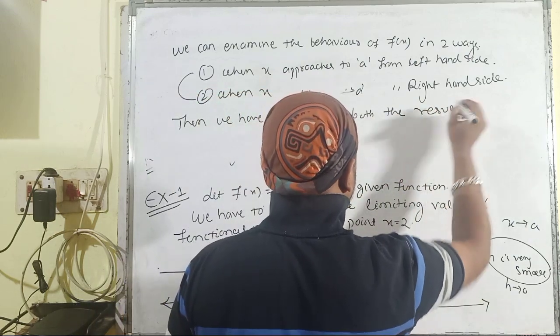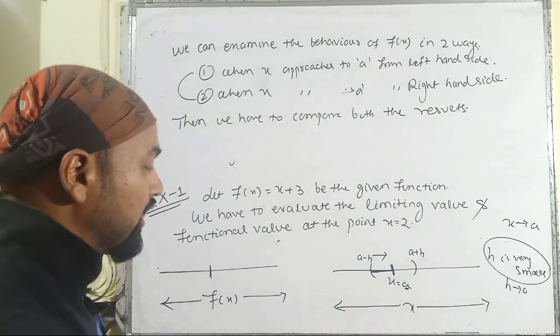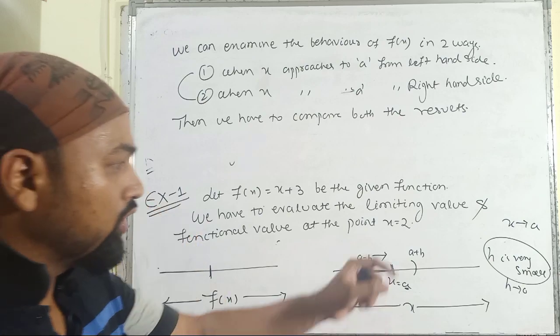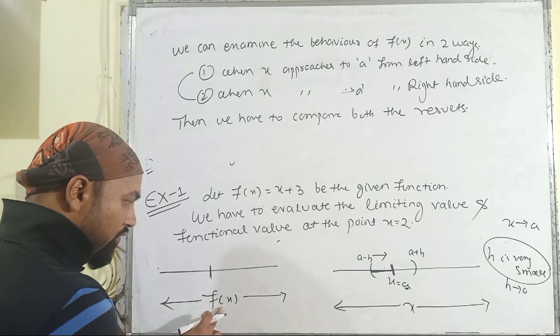Results, and that is called the limiting value of f of x. That means in the limiting value of f of x, you cannot put the value of A here, you just have to check the behavior of the function f of x.